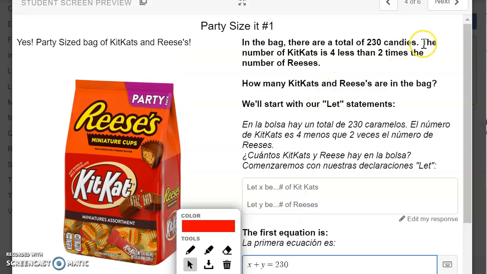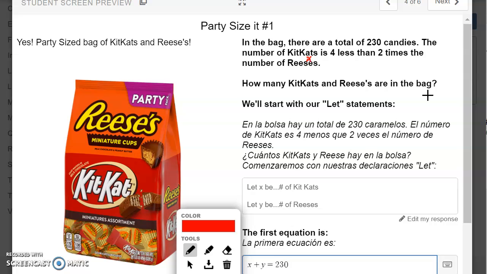Then what about the second equation? That's the second sentence. The number of Kit Kats is 4 less than. So what is the number of Kit Kats? What did we say the number of Kit Kats was? That's x. So we can rewrite this as the number of Kit Kats, that's x.